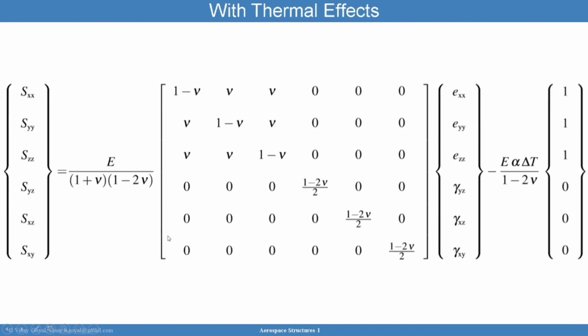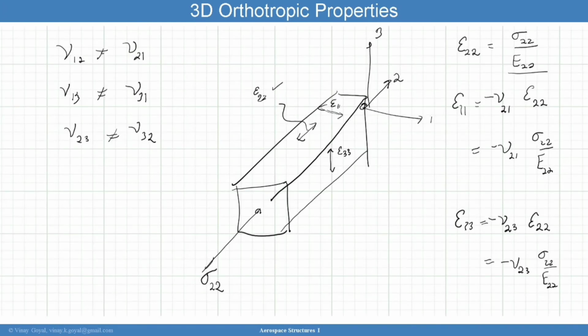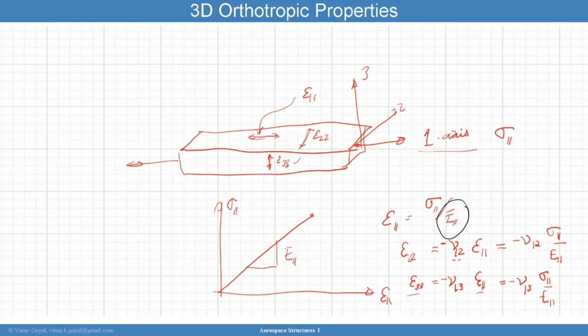In other words, if I have an isotropic material, from a uniaxial test in the one direction, I can measure this strain and I can measure this strain. So not only will I get the modulus E, I will also get nu, which is this one right here.